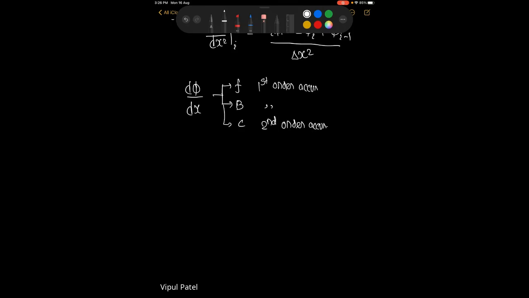Right. So we asked ourselves, is there any possibility to define d phi by dx with a one-sided approach, either forward or backward, that is of second order accurate? Not only second order accurate, but it may be more than first order accurate. So that was our first question.